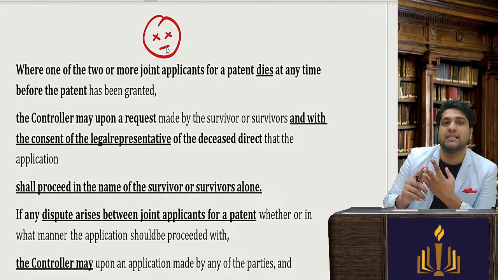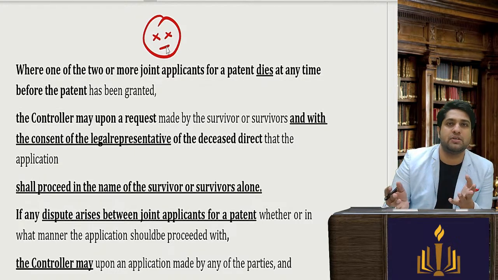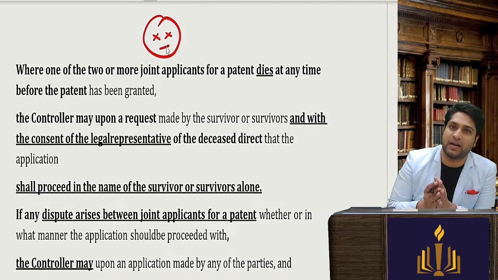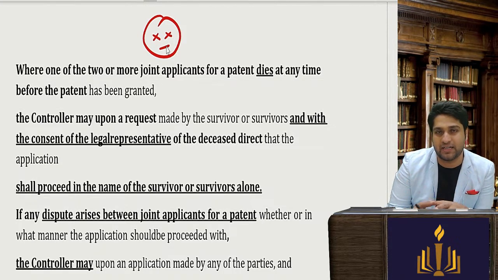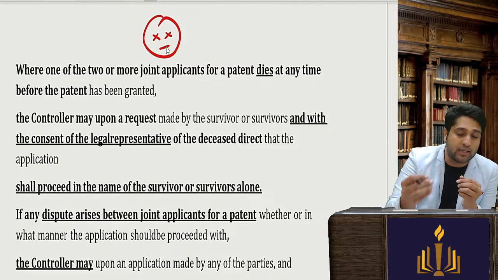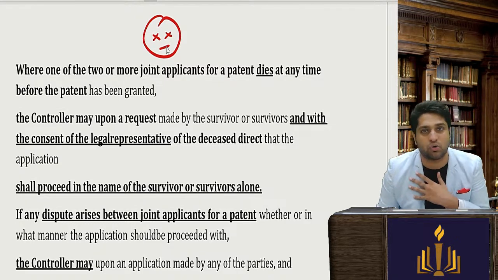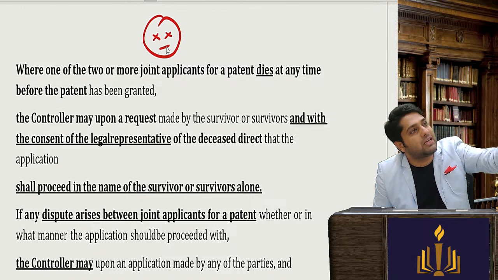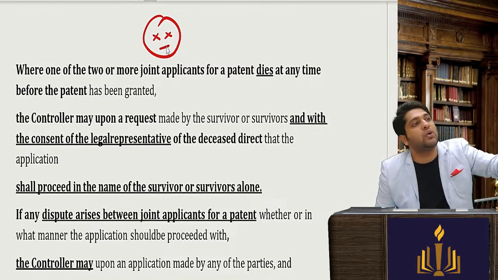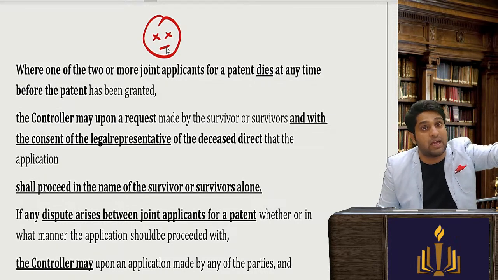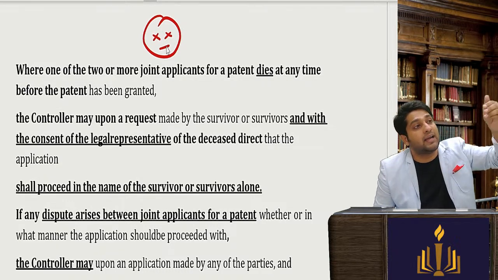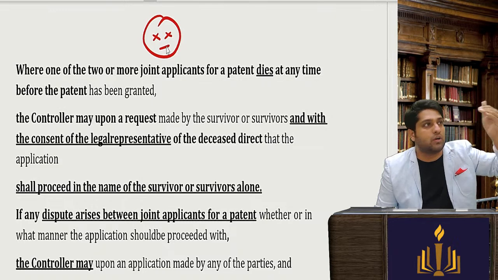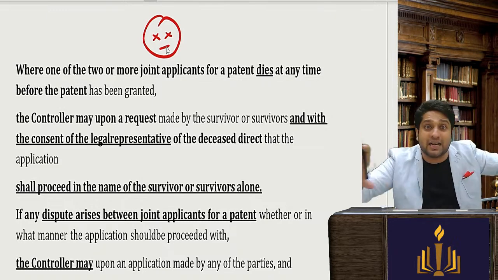Second, maybe you have a nomination form that was made. So whatever it is, legal heirship certificate or succession certificate, the controller will ask how will I know that you are his child, and how will I know that you are the only child, or there are more children. So please go to the court and get an order that these are the legal heirs.